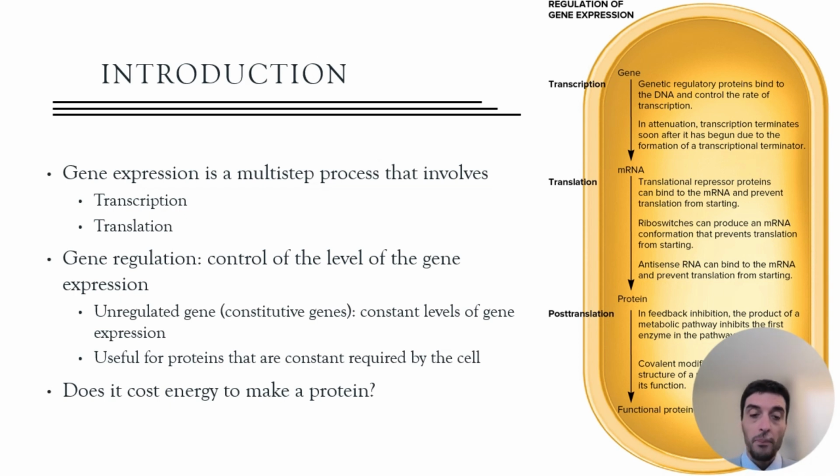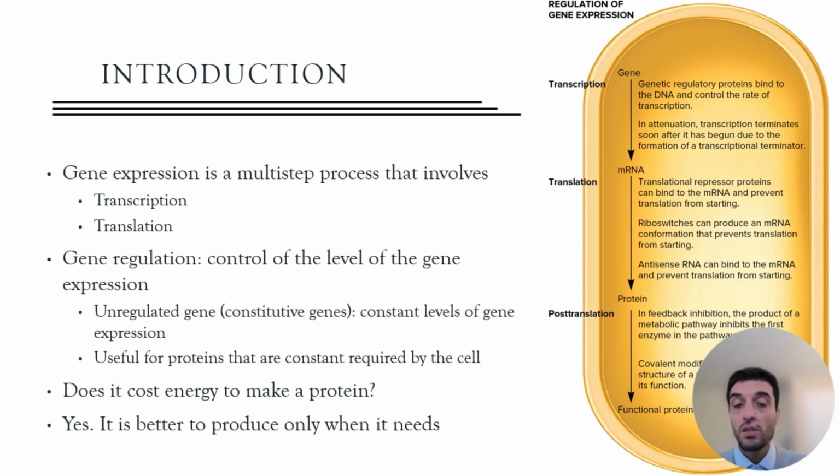Okay, and we have to remember, does it cost energy to make a protein? Think about it, guys. If you remember, it requires at least one ATP and one GTP in the process of translation, and also in transcription.